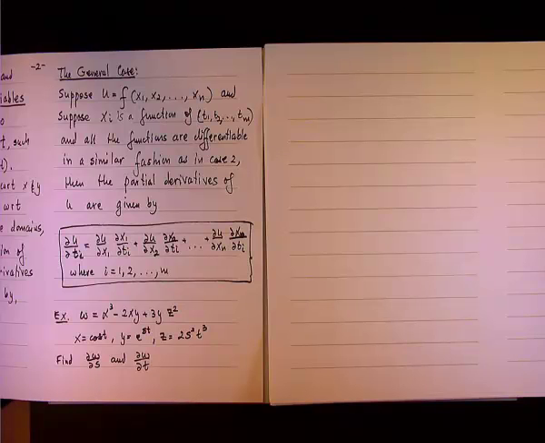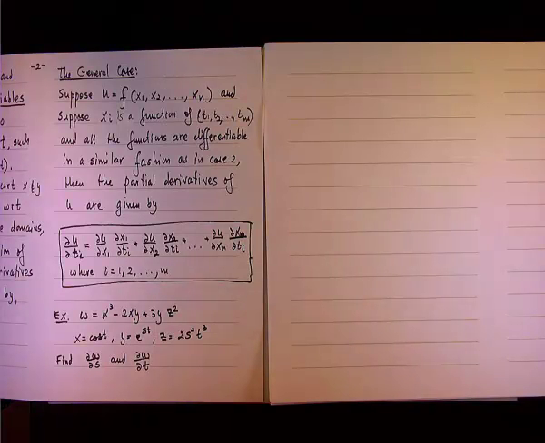All right. So, how many components are we after? I thought 9. Let's see. We need to have del w del x, del w del y, del w del z. This is 3.